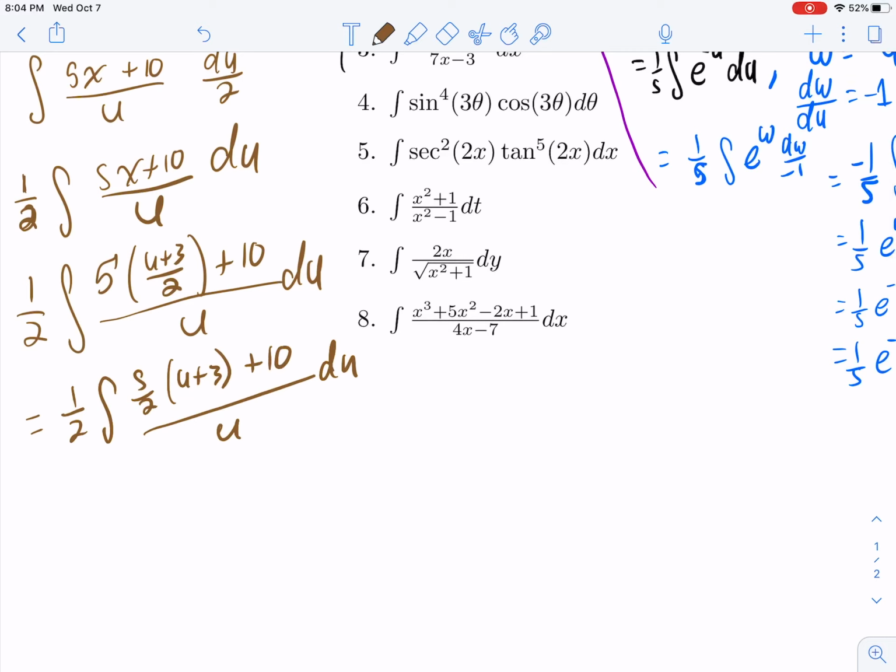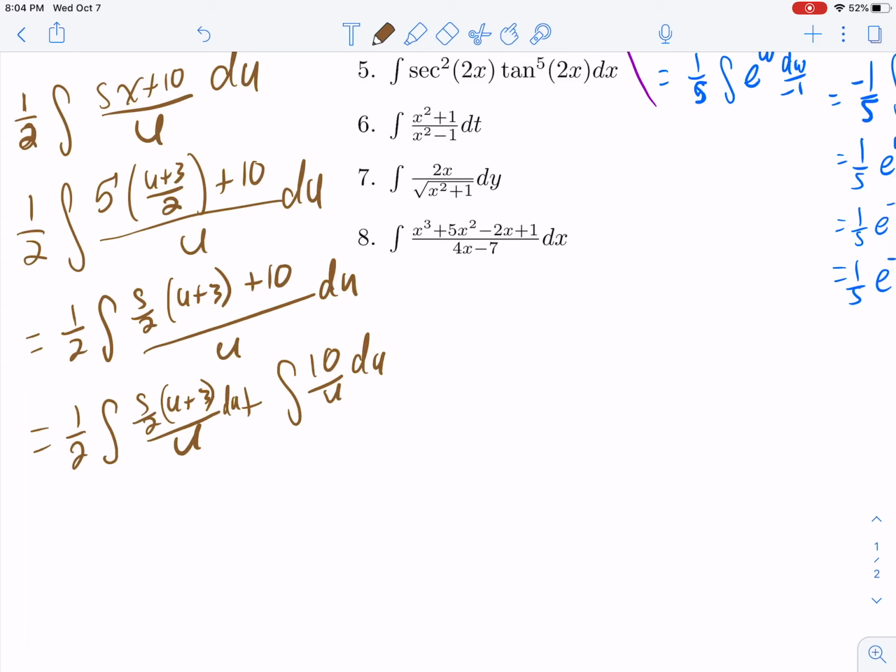All right? I can split this up into 2 different fractions. This is 1/2 integral of 5 over 2 times (u plus 3) over u, plus the integral of 10 over u. Both of these need a du.